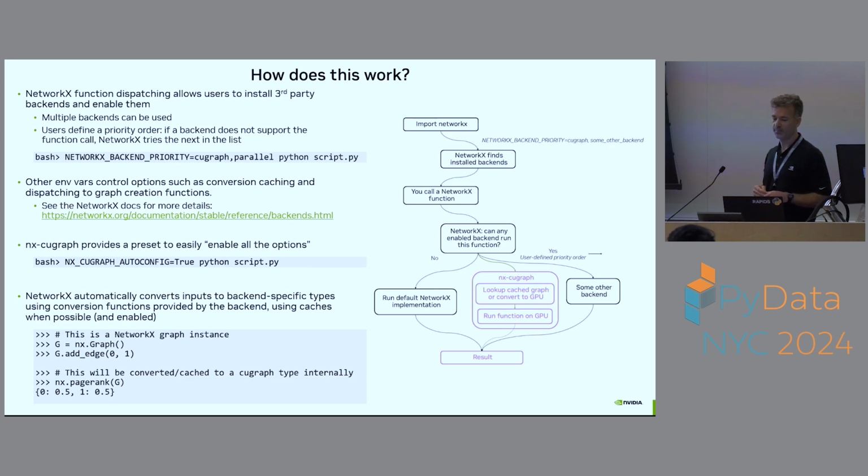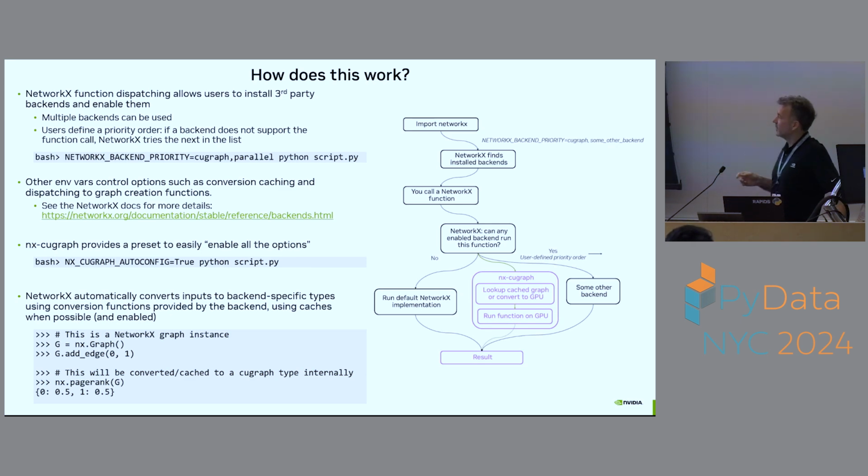So you can use multiple backends even. There's a graph database backend that allows you to store data in a graph database, and then combine that with the GPU backend, and then you can run accelerated algorithms on the GPU. There are other backends for CPU, graphblas, nx-parallel, those parallel versions of NetworkX.